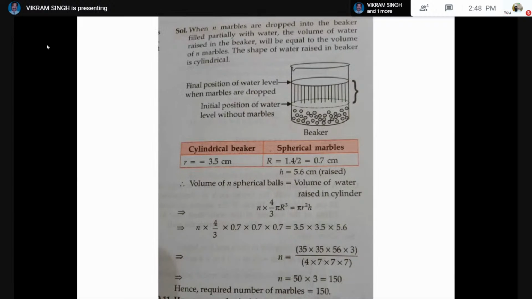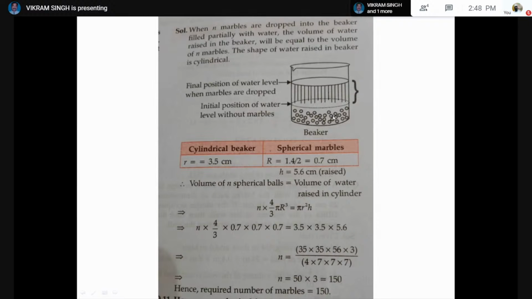First let us see its figure. The figure is also given. This is the beaker, and at the start this was the level of the water before dropping the marbles. After dropping the marbles, the water reaches up to this stage. It means this is the height raised after dropping the marbles.